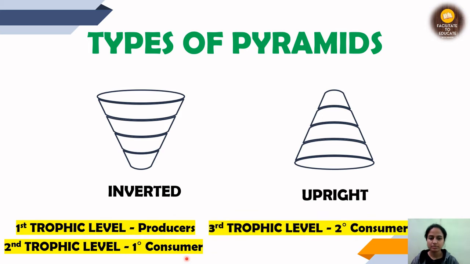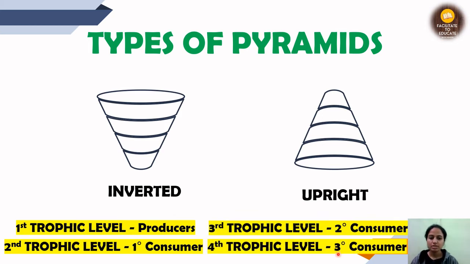Likewise in the third there will be secondary consumers, and in the fourth there will be tertiary consumers. If by any chance in some food chain there are 5 organisms, the quaternary consumers or the top carnivores will be present in the last one, right? So this is about the types of pyramid, that are two. One is inverted, one is upright, and what we have to mention in all of these sections I have told you.